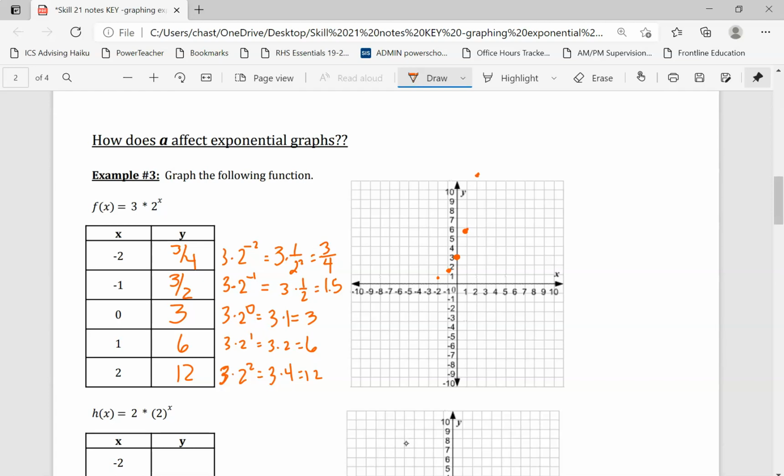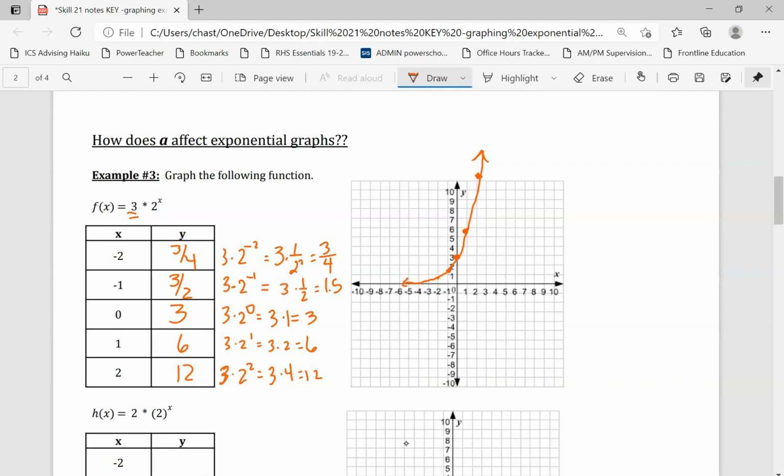What you'll see is we have basically the same graph as our 2 to the x. It's just that it's going to be a little bit taller. So if we think about those transformation rules we learned, if we have an a value in the front, it should make the graph taller. We'll talk about what happens in addition to that when we look at the next graph.